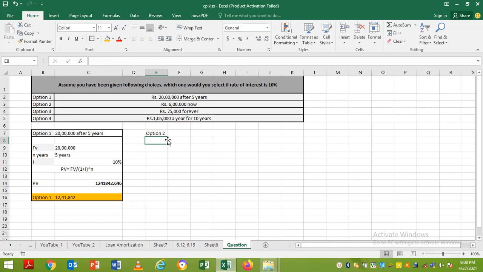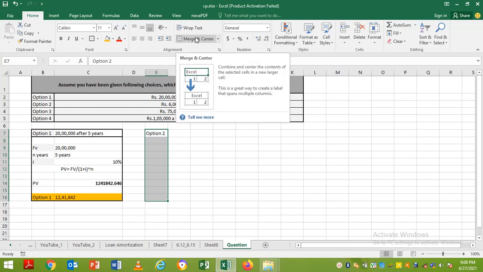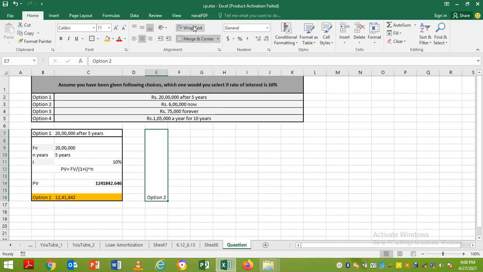It is already in present term, which is 6 lakh rupees. We will also highlight this part so that it will be easy for us to compare.